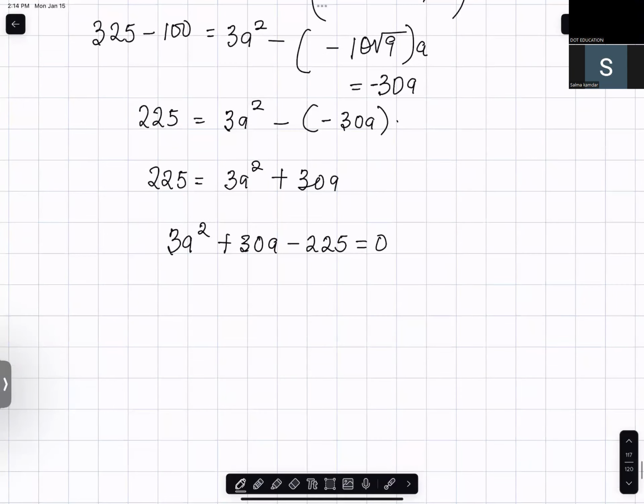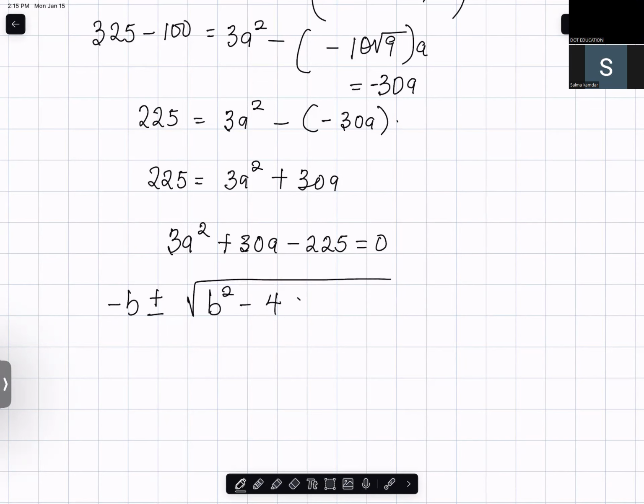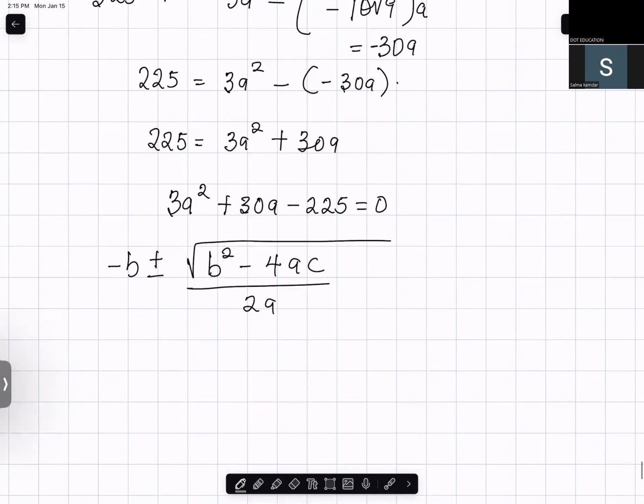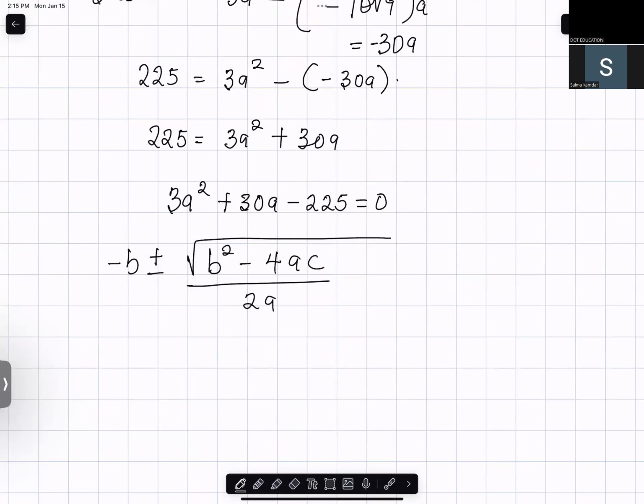Here we can apply the quadratic formula of minus b plus or minus the square root of b squared minus 4ac, divided by 2a. So our a is 3, b is 30, and c is minus 225.